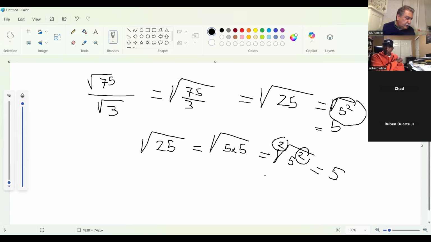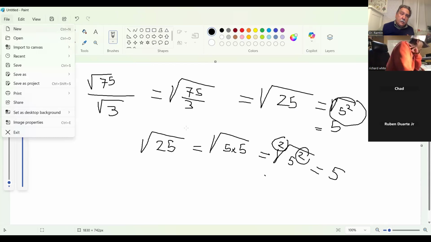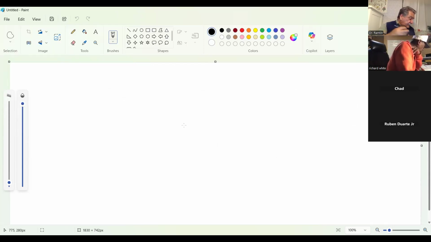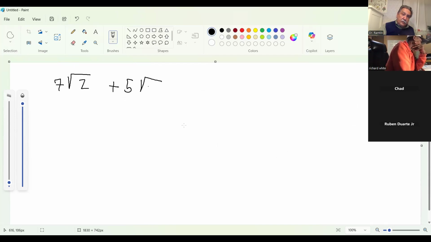Let's go to page 268. Example number 4. Let's first clean this up. It asks us, example number 4, part A, 7 times the square root of 2 plus 5 times the square root of 2.